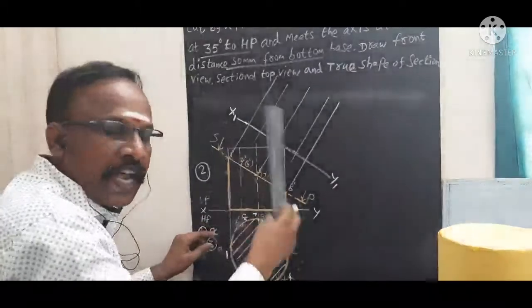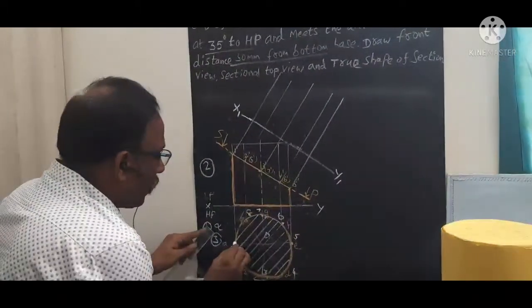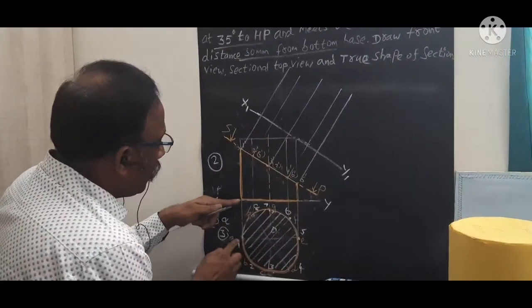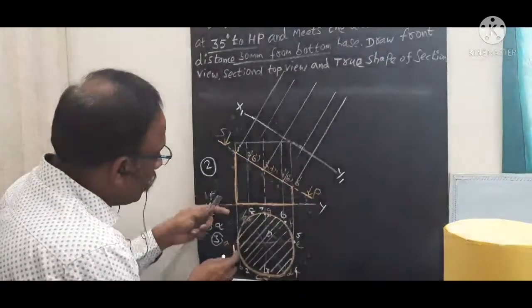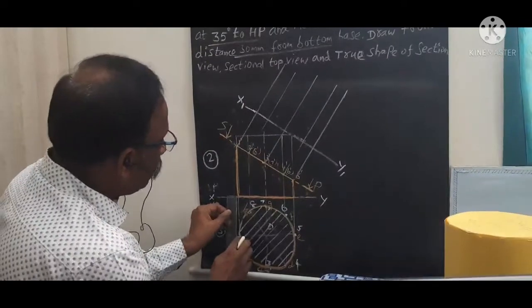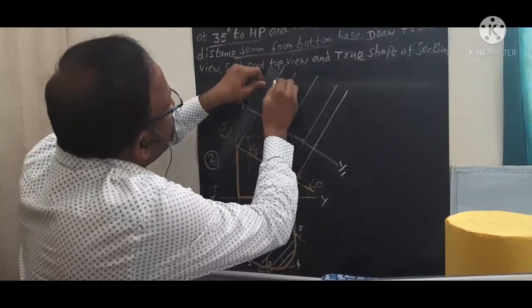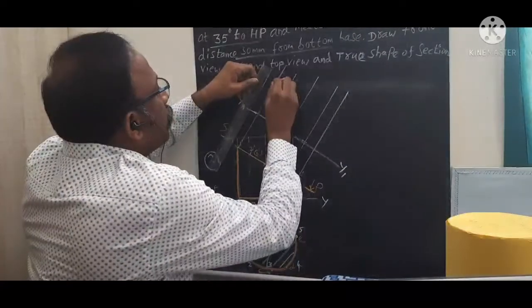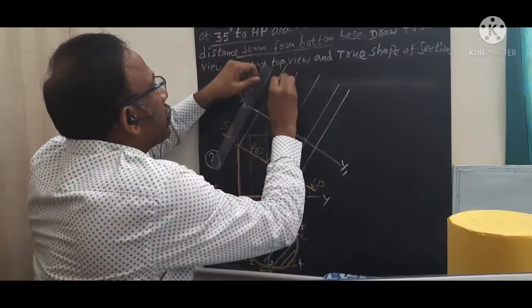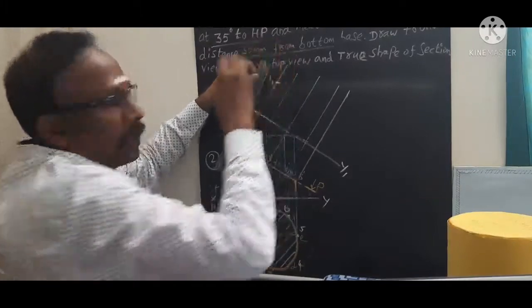Now I am going to transfer the points. We want to transfer this point from XY to 1. You can make the measurement with the compass and transfer the point here, and mark it as the first point, 1 1.